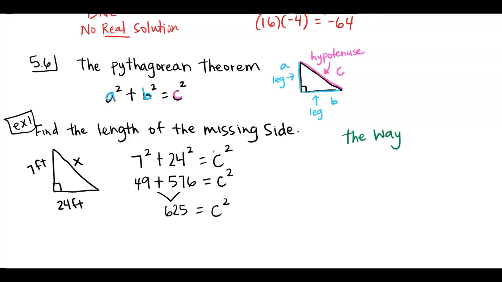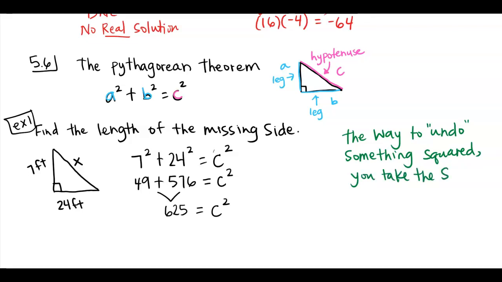The way to undo something squared is to take the square root of both sides of this equation.